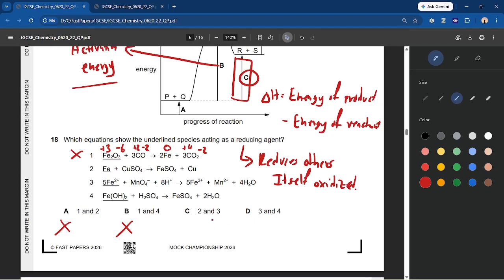Now the only difference between C and D is this is talking about 2 and 3, and this is talking about 3 and 4. So let's look at 2. So over here, iron starts off with an oxidation level of 0, and copper sulfate.